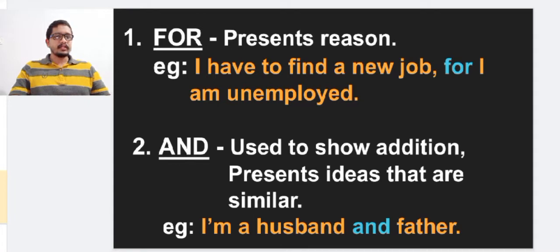So when we join two independent clauses in a sentence with a coordinating conjunction, always use a comma after the first independent clause, or before the conjunction. Otherwise, to join two words or two phrases, we don't use a comma.